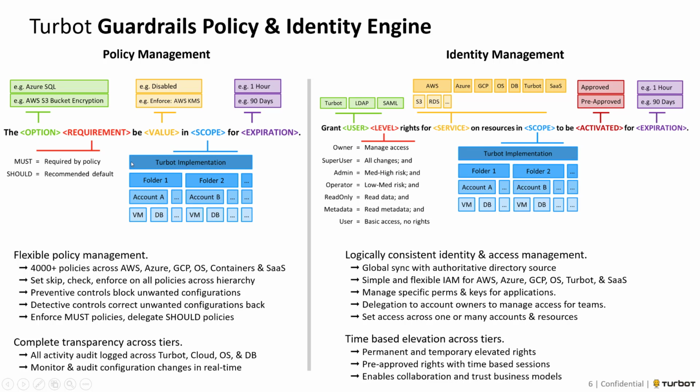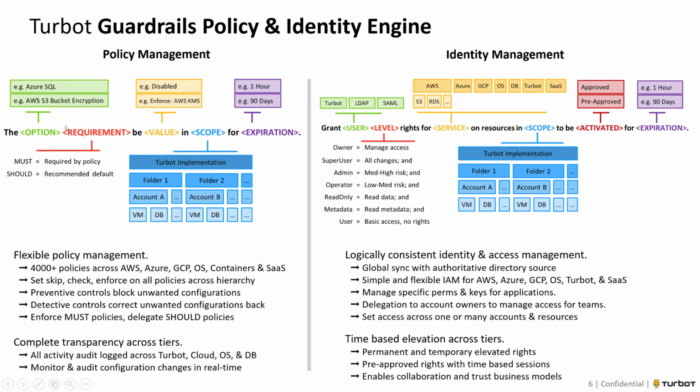Or you might say, well, SSE is enforced everywhere except this one S3 bucket in account A. You can set time-based policies, so you could say, I enforce encryption everywhere for the next hour, or for the year, or forever. You could do time-based exceptions as well, so you can say, I enforce encryption everywhere except in US East 1 in account A for the next 6 hours.